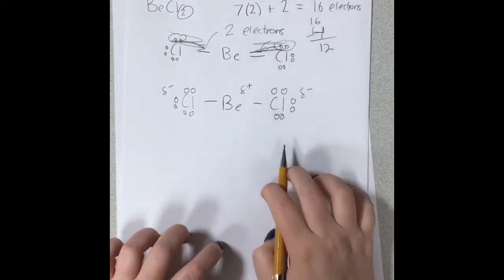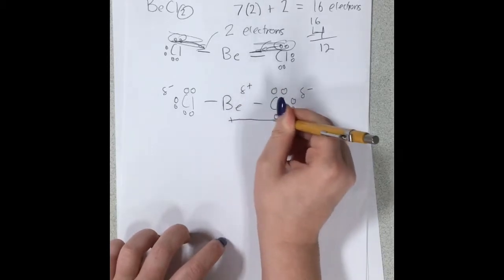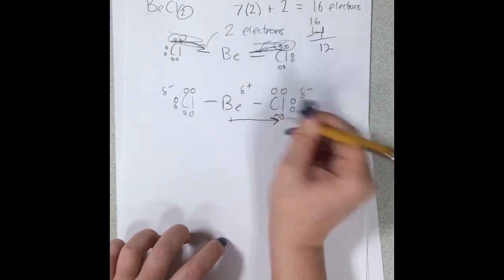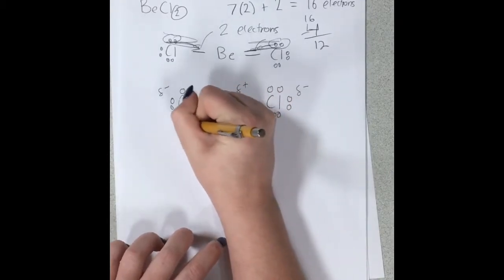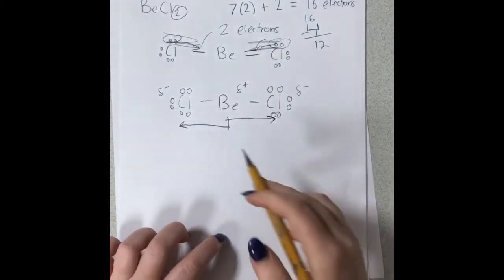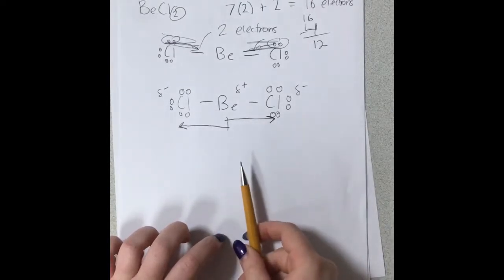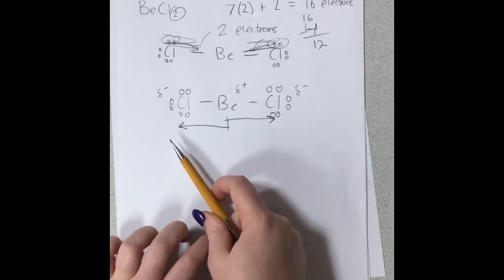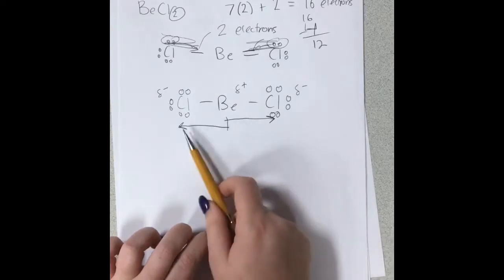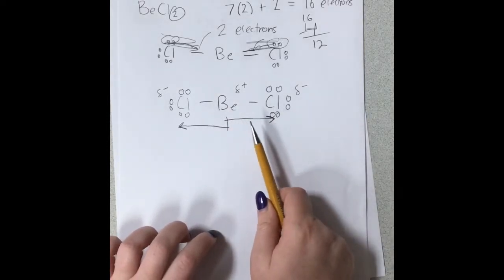The bond dipoles will have a positive tail on beryllium and a negative head at the chlorine. The bond dipole arrow shows the direction of the charge separation, positive going to the negative. The arrow's length represents the magnitude of the charge separation.